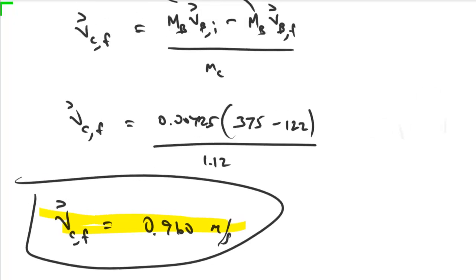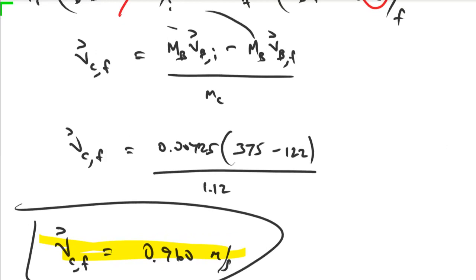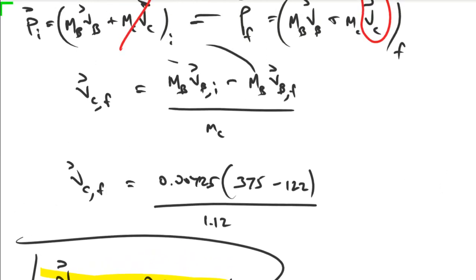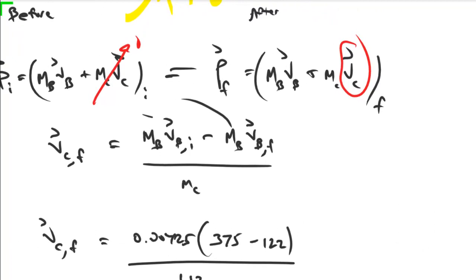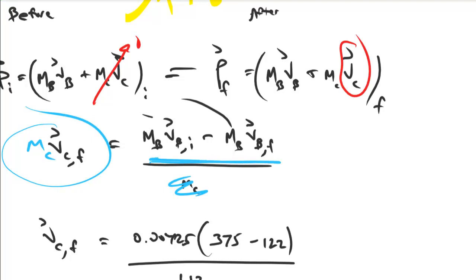The thing to note here is the momentum. If you look at this, let me write it out this way, get rid of this MC and write it back here. This is the momentum of the crate in the final condition, and this is the change in momentum of the bullet between the initial and the final.